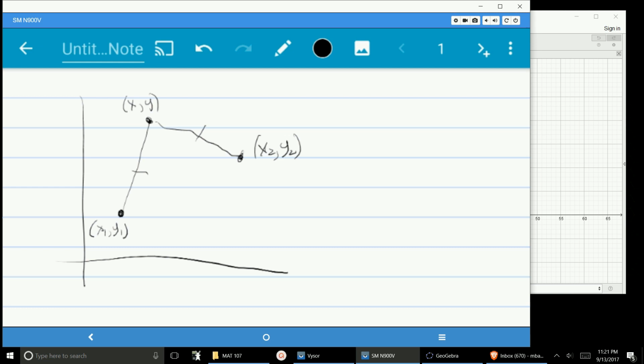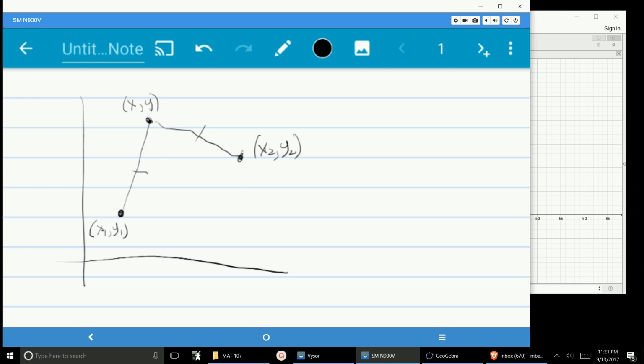But I just want to play around with this. What are the conditions on x and y that would make it equidistant from these two? So to start this off, we're just going to say this distance equals this distance, but it's easier to talk about the square distance, so we don't have any square roots. So the square distance between these 2 points is going to be equal to the square distance between these 2 points.